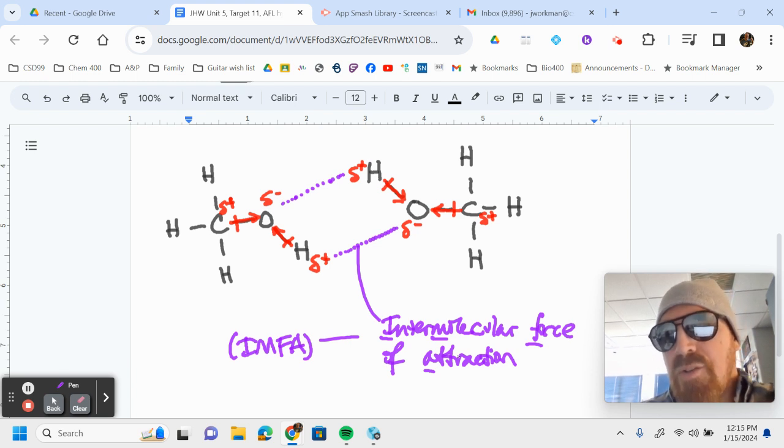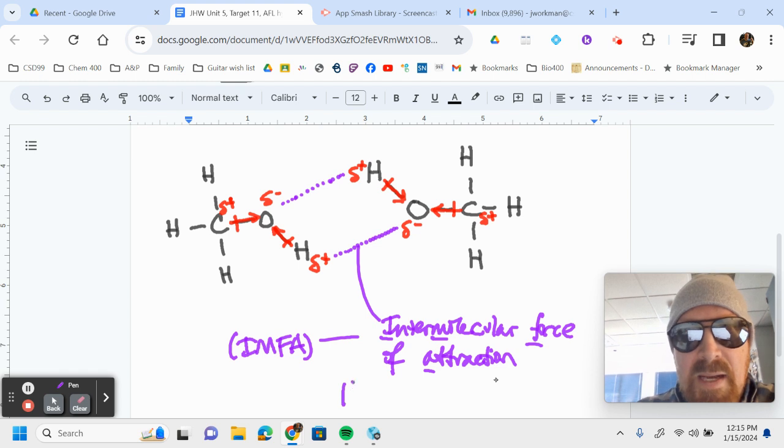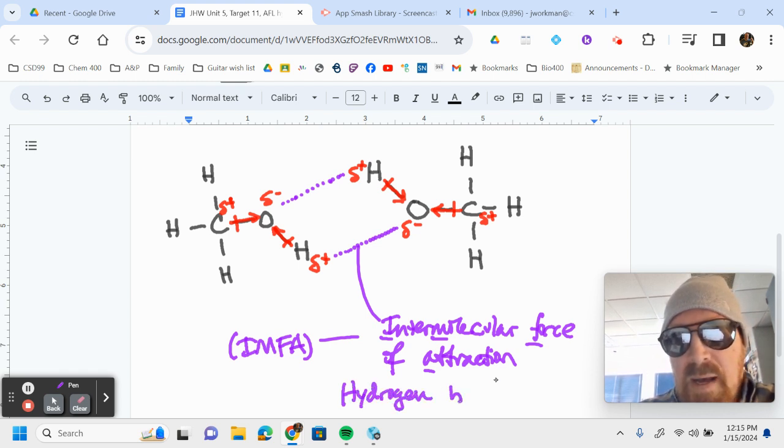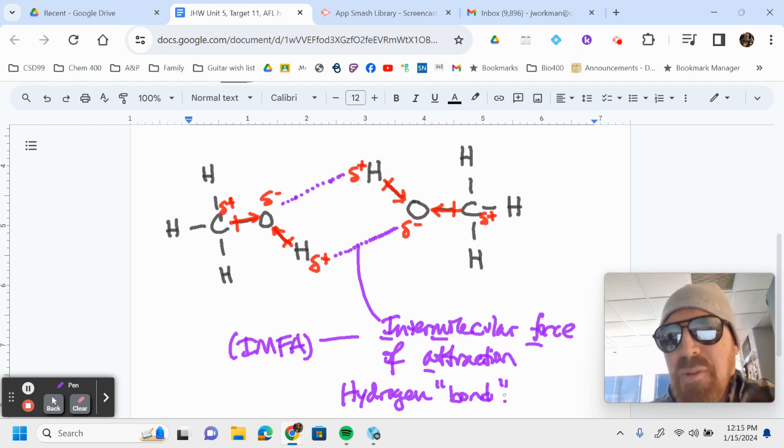And this particular strong kind of intermolecular force of attraction, it's called a hydrogen bond. But what I like to do is put that word bond in quotation marks because it's not really a bond, right? It's called that, but it's not really a bond.